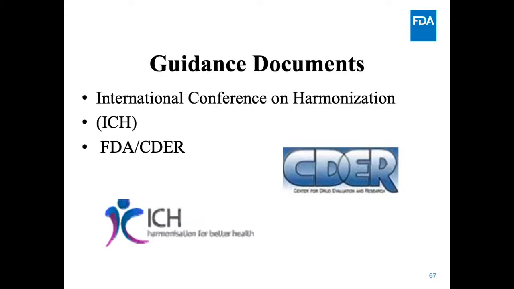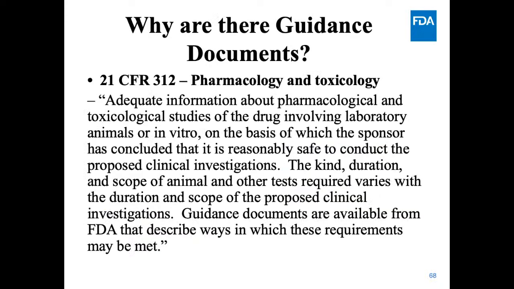So guidance documents now. We have discussed a lot of regulations so far. Guidance documents come from the International Conference on Harmonisation, that is ICH, Harmonisation for Better Health, or CDER, the Center for Drug Evaluation and Research. So why are there guidance documents?